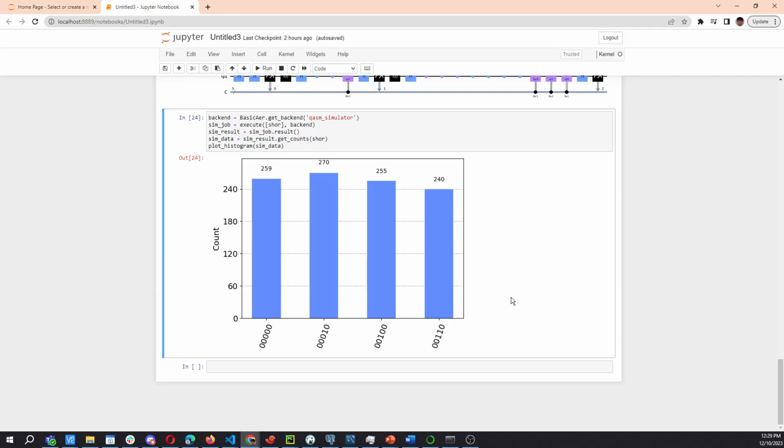So and then now we know for 15 the factors are 3 and 5. So this is the simple demonstration of the Shor's algorithm.